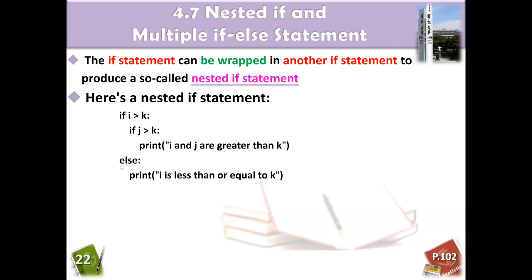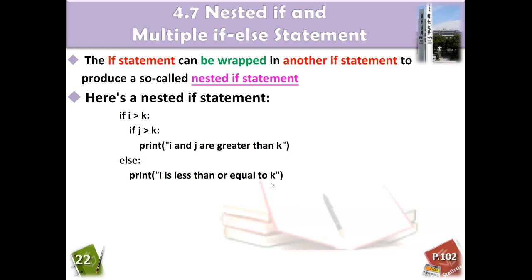And we will see this else is very important. Please pay attention to this part. If the else is aligned to the first if, it means this else is the two-way statement of this if. So when this is false, it will directly go to this part: print i is less than or equal to k.